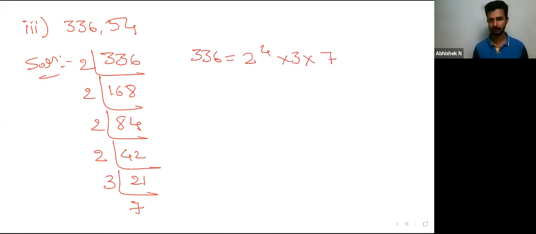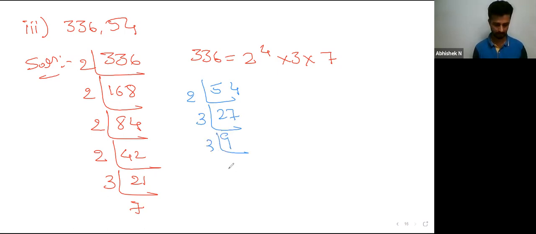Clear? Then what about 54? Just divide this by 2, you get 27. Then by 3, 9, and again by 3, that is 3. So the factors of 54 are 2 into 3 cube.